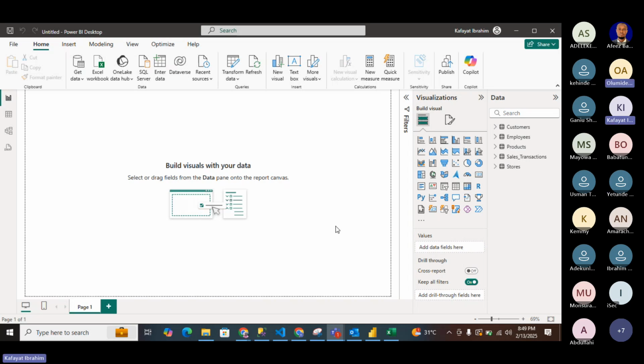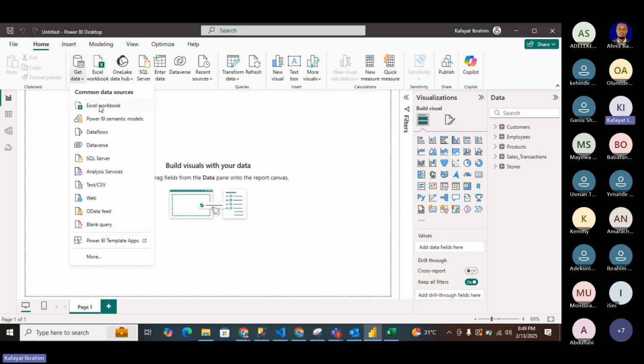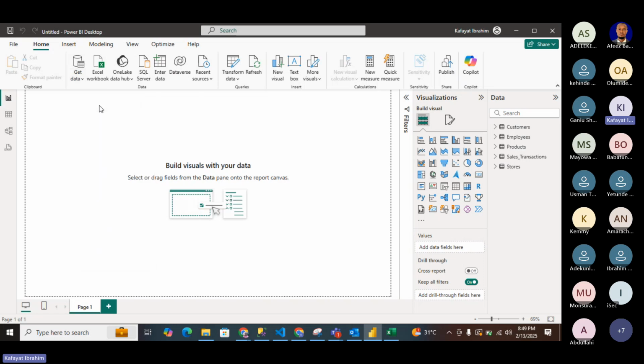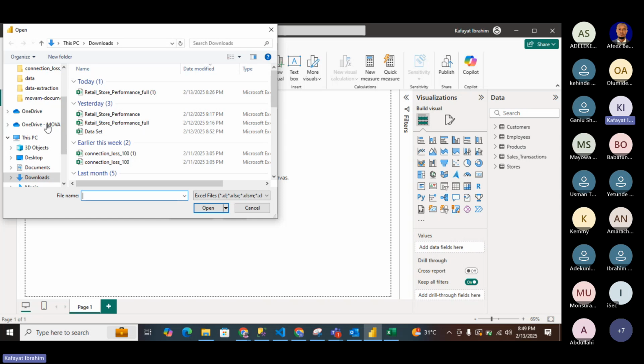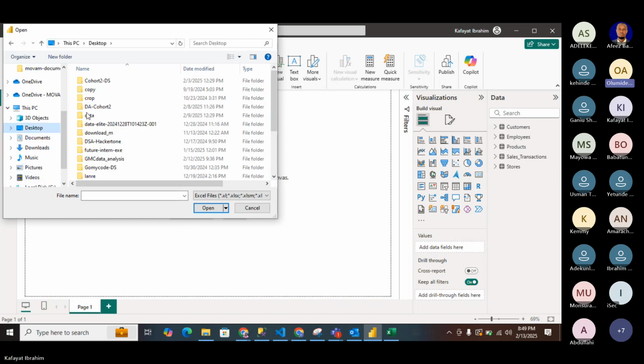Okay, let me go and show you the other one I wanted to show you. I think it's also an Excel file. Is it an Excel file? I think it's an Excel file. Desktop.